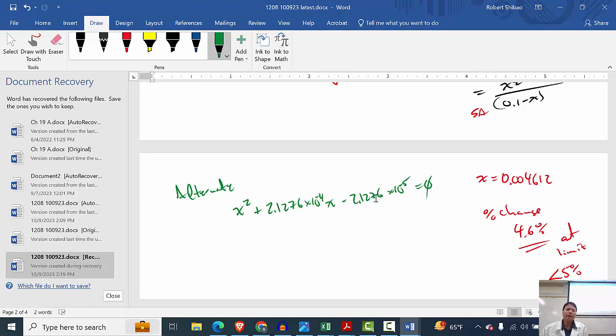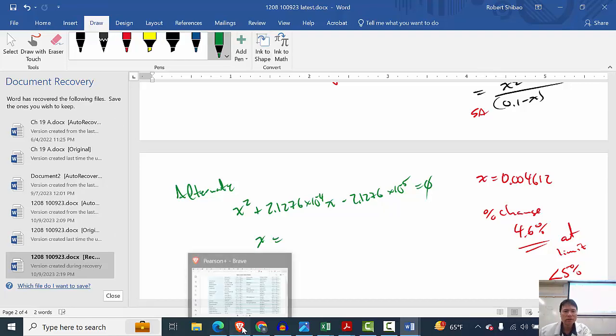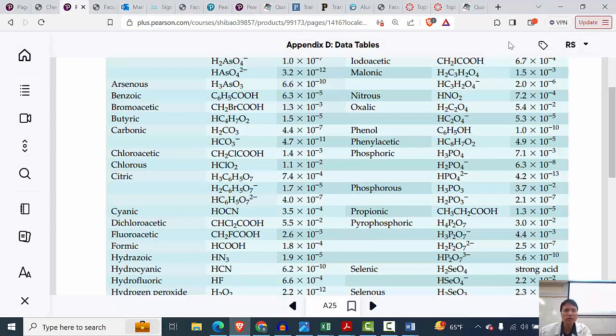This is going to equal 0. And so we're going to plug this into the quadratic.